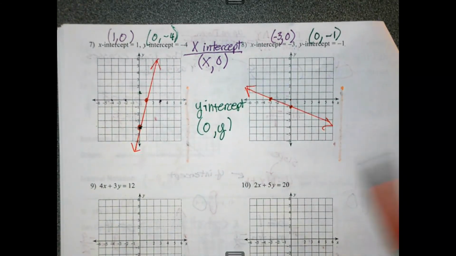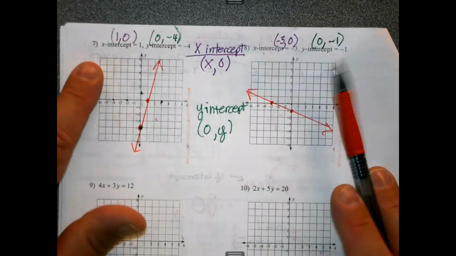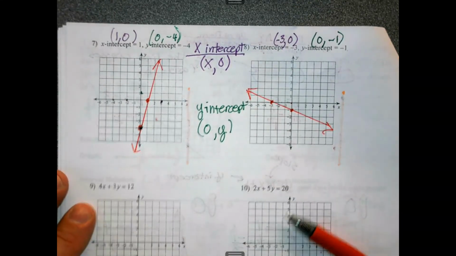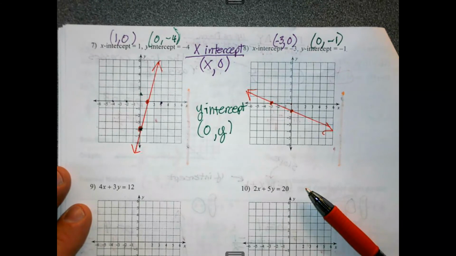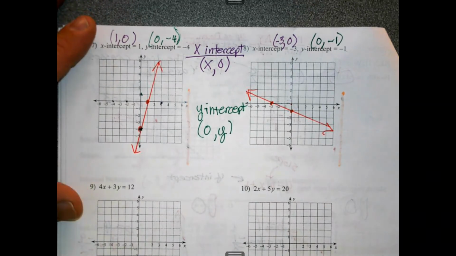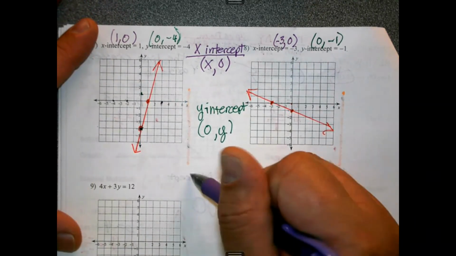Now, 99% of the time, they're not going to tell you what the x and y intercepts are, right? They're going to give you the standard form equations, and what are you going to have to do? That's right. You're going to have to figure it out. I like that. Okay, x-intercept.